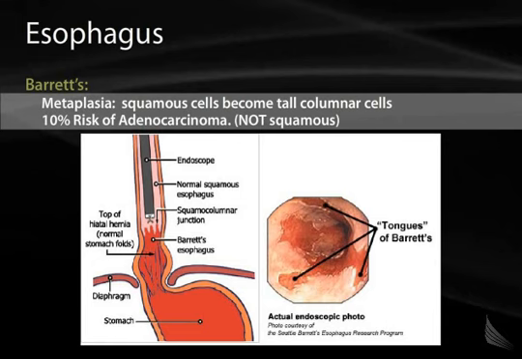Endoscopically, what's seen are tongues of Barrett's esophagus or tongues of metaplasia, where these abnormal cells are present, and they look very different to the rest of the esophagus as shown in this photograph.